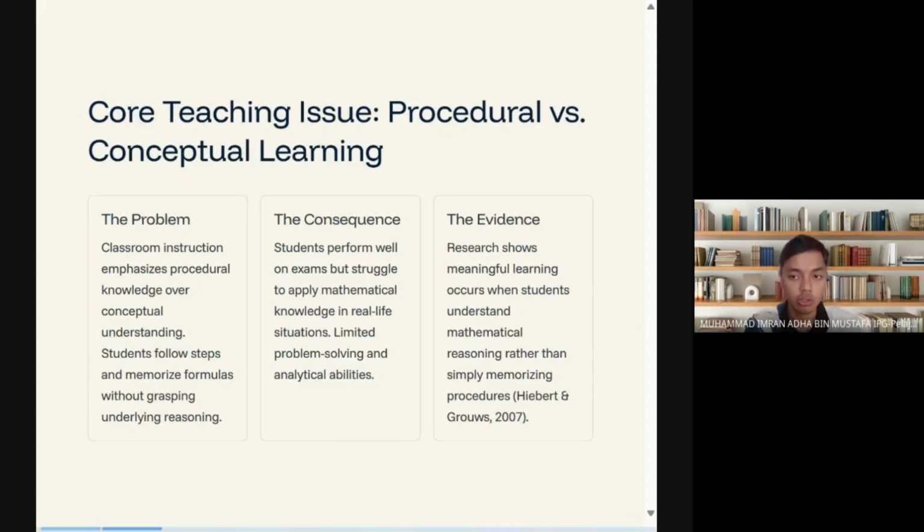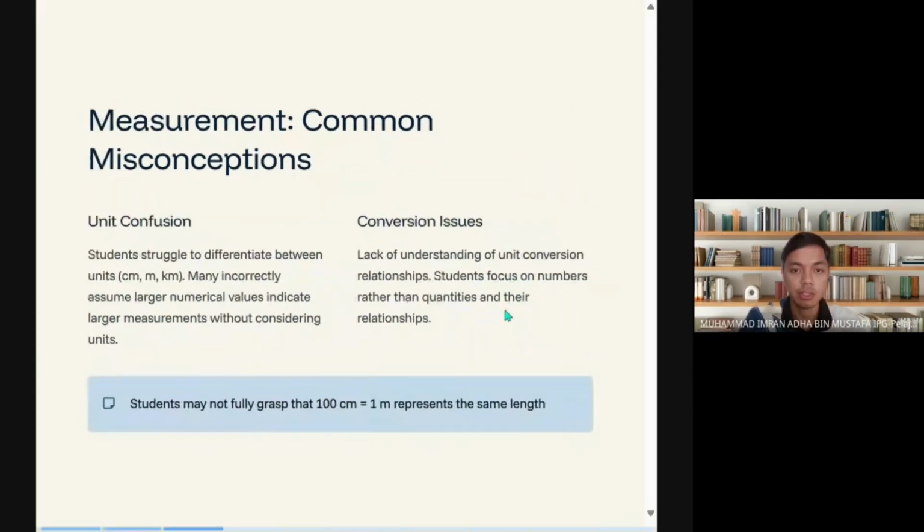Next, the key topics where misconceptions frequently occur in measurement. Measurement is a fundamental mathematical concept that involves understanding units, quantities, and the relationship between them. However, many students struggle to differentiate between measurement units such as centimeters, meters, and kilometers.